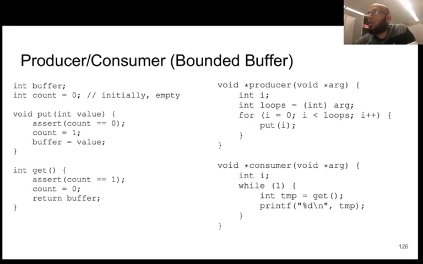You have an iterator, and for infinity, you're going to consume this data. So you get the data and you print it. Here, the args passed to consumer are not really necessary. You can do without that, but for a more general program, this might be needed.